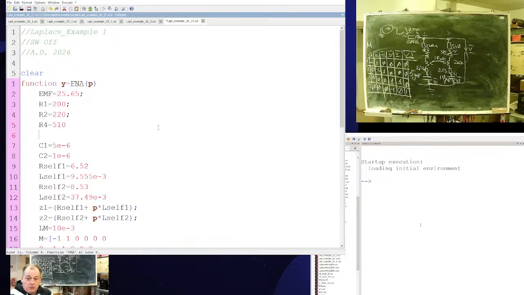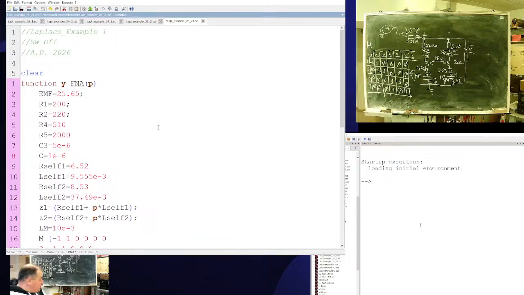But that's not all. Yeah, I need branch 5 equals to 2000. First it's the capacitor of branch 3. Yeah, so 3.